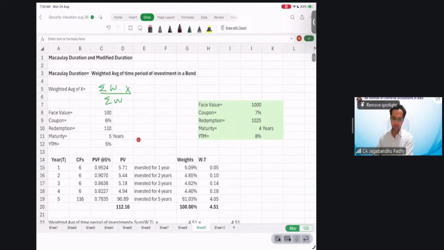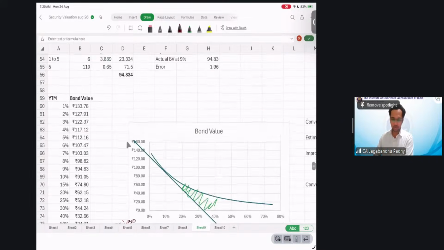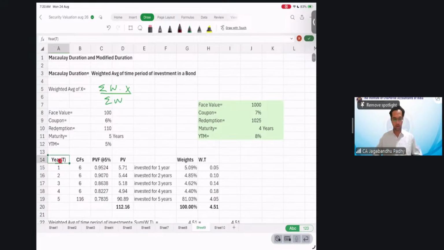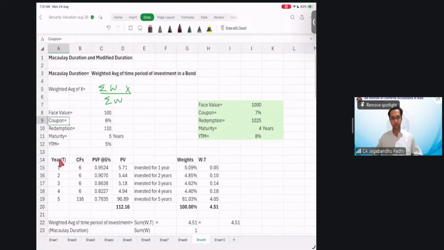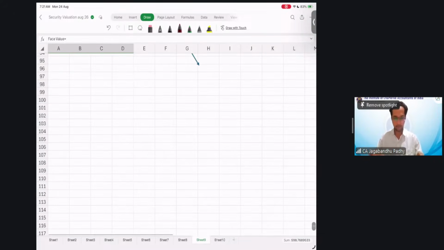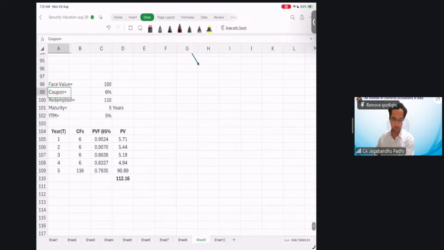Okay, so let us try to calculate the convexity in our case using this formula. We have the present value given to us.